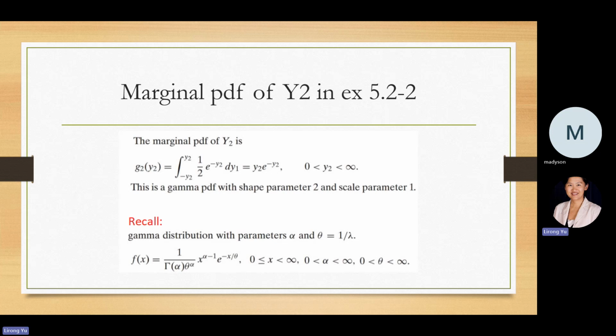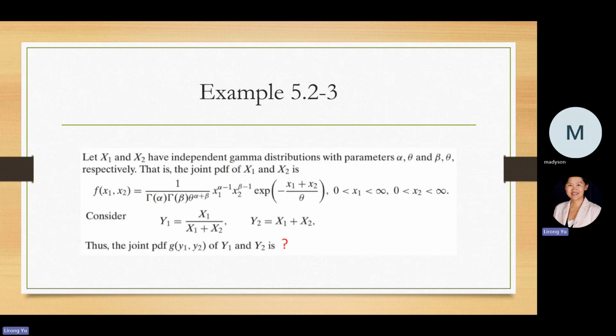It's a multiplication of the exponential function of the variable and the power function of the variable: x to the alpha minus 1 power, e to the negative x over theta. That's the exponential part. So all gamma distributions have these two parts, and then we multiply them. You would have e to the negative x1 over theta and e to the negative x2 over theta, and since they are multiplied, the exponents are added.